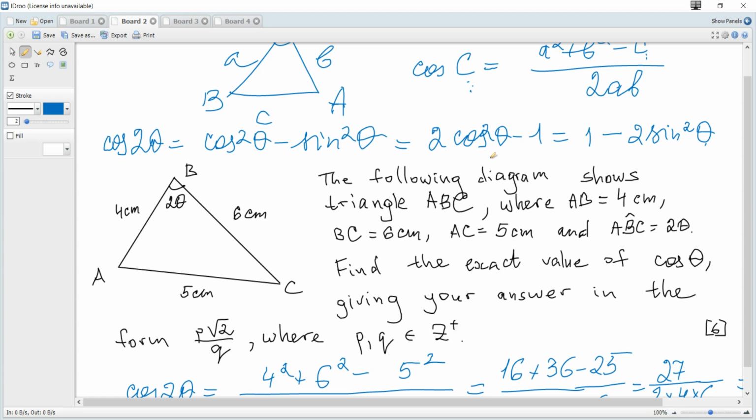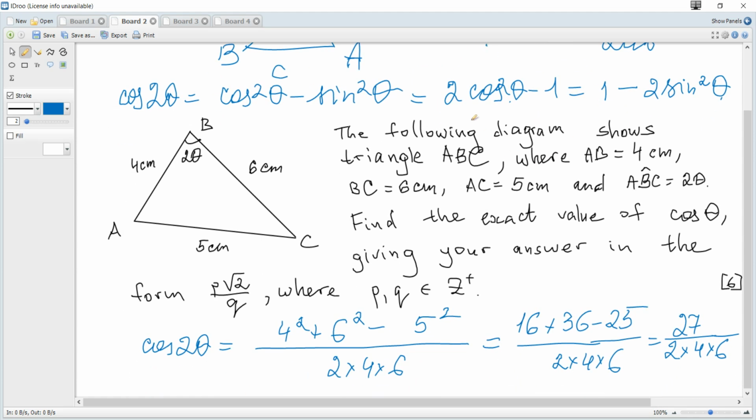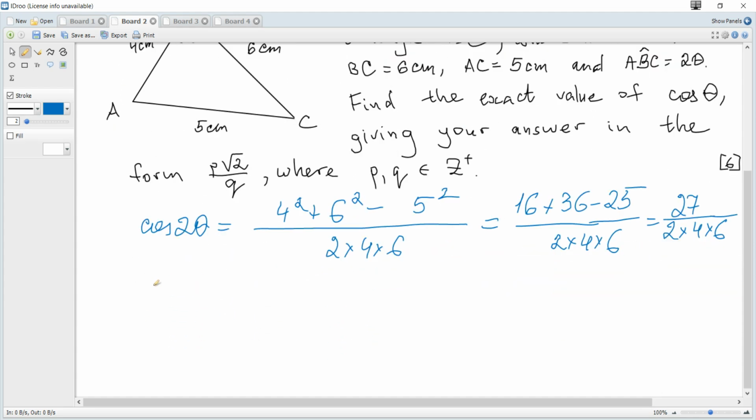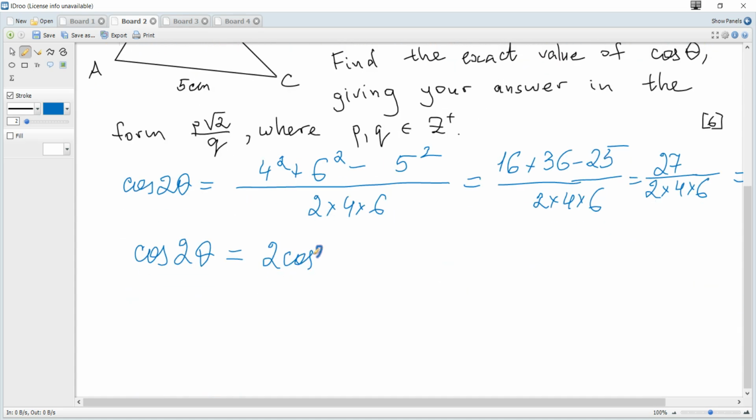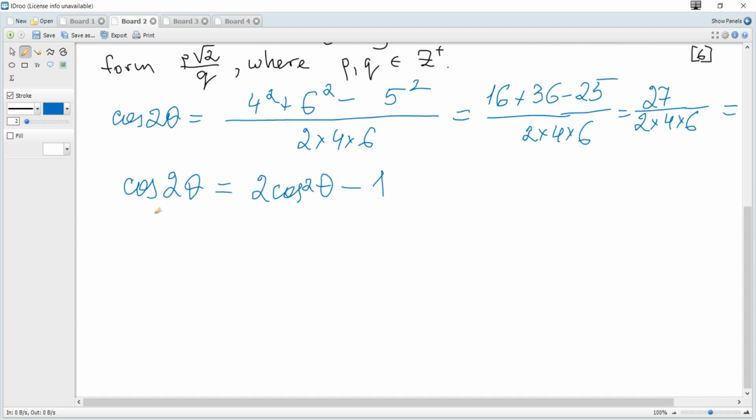To get these from each other, it uses the main trigonometric identity, sine squared plus cosine squared is equal to 1. Since we need cosine of theta and cosine of 2 theta is given, we can use this directly: cosine of 2 theta is equal to 2 cosine squared of theta minus 1. It is given in the data booklet directly.